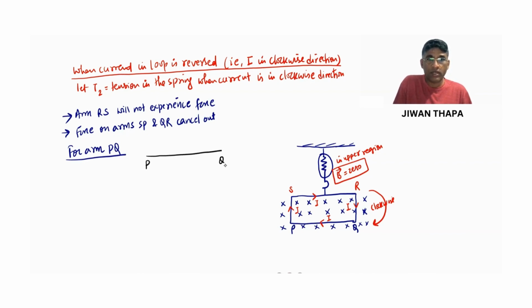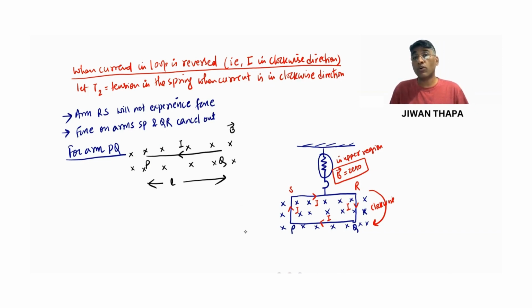We have PQ and its length is L, and it is carrying current I in this direction, that is from Q to P, and the arm PQ is completely inside the magnetic field B, which is perpendicular to the plane of the board or rectangular loop and is directed inward.